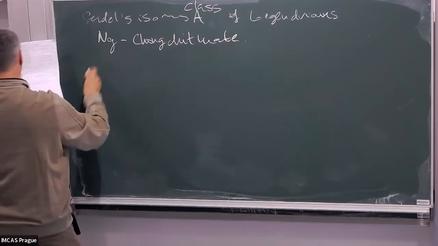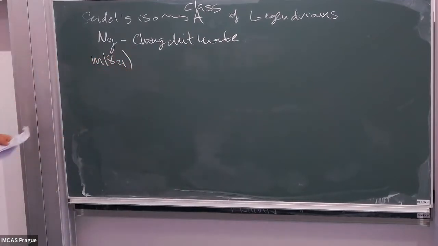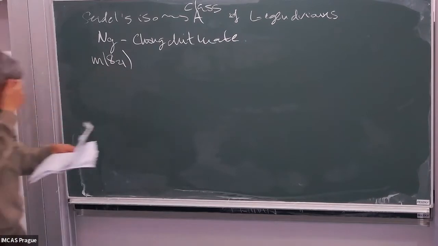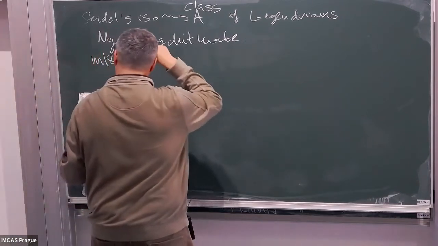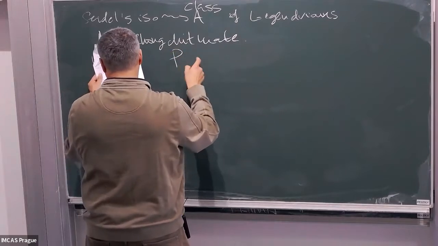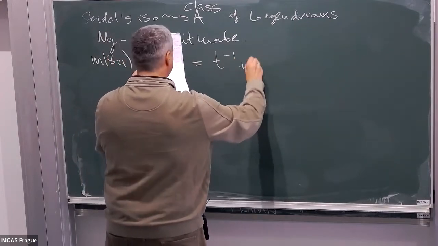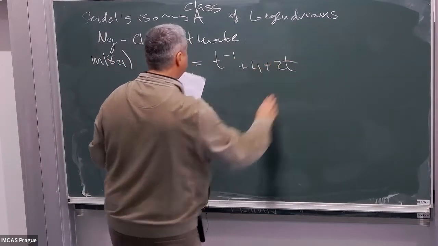In particular, one can find some mirror of A21. It has a Poincare polynomial of the form t to the -1 plus 4 plus 2t.